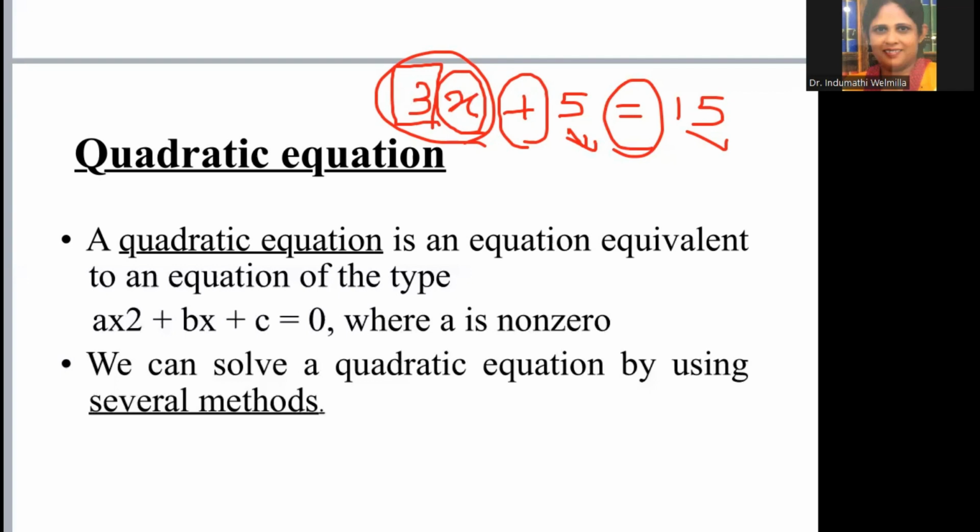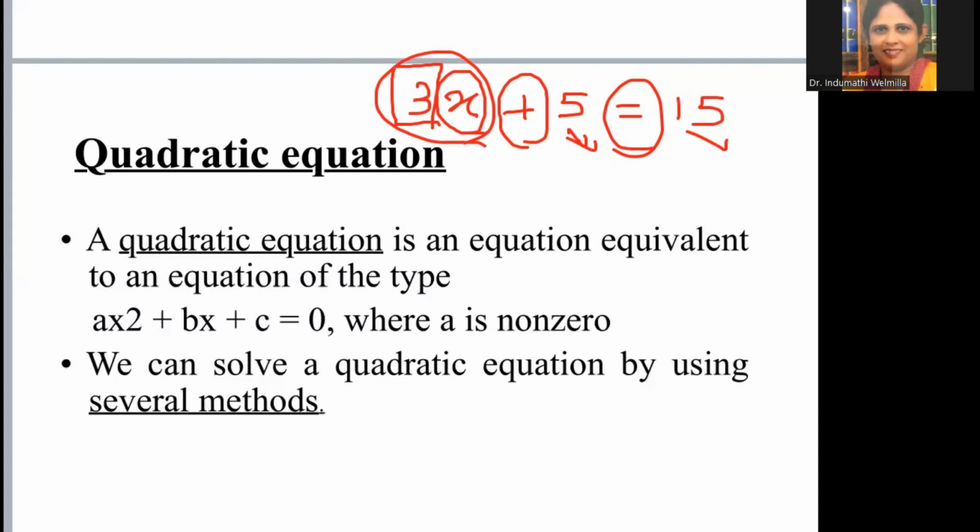In addition to that, we can understand there are different types of equations, and we can categorize equations in different ways. Based on the degree of the variable, we can categorize equations as linear equations, quadratic equations, and cubic equations. Equations with 1 as the degree are known as linear equations in mathematics.